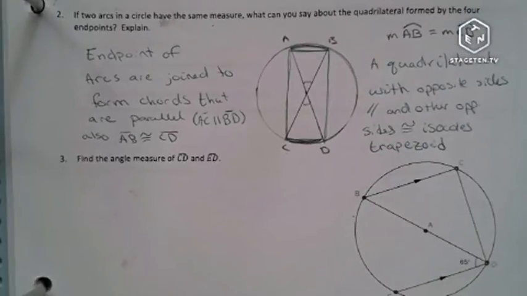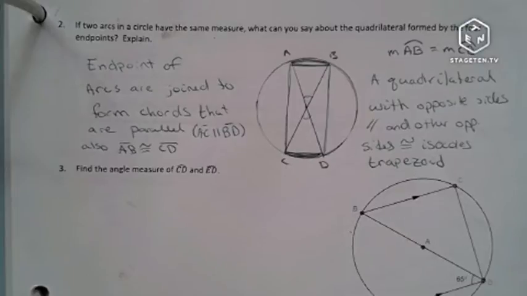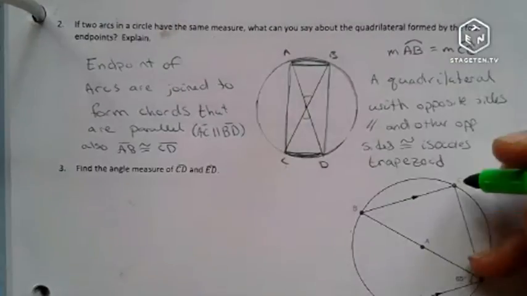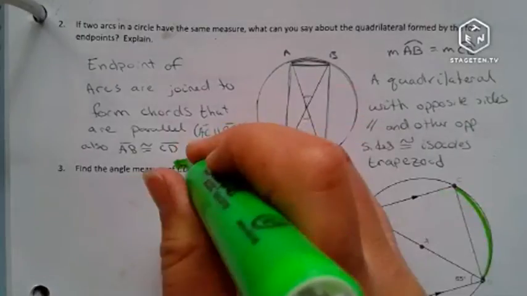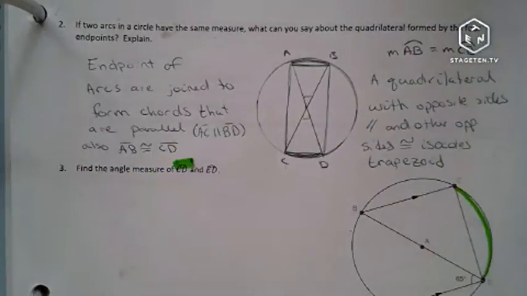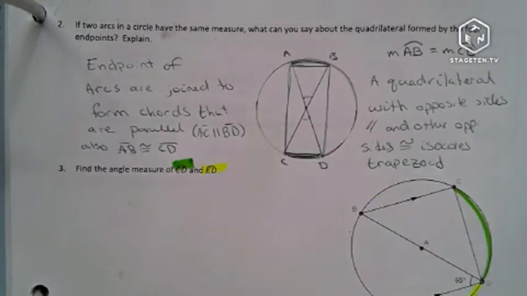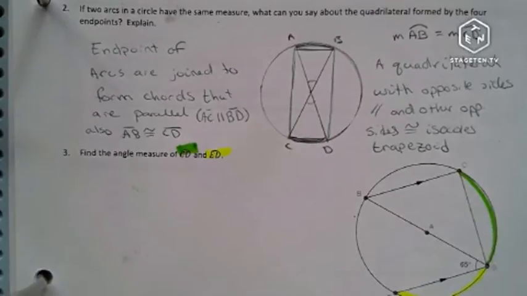Okay, so now how do we find ED, knowing that? Well, since these are parallel lines, we know that this would be extended through here, right? So, what's the measure of this angle?